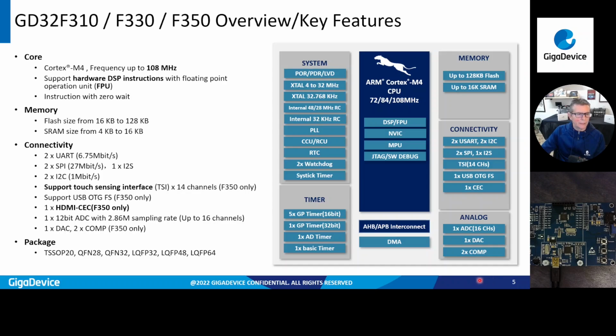It's got a nice set of connectivity in this device family as well. The 350 has some enhanced connectivity, a TSI, touch sensing interface, HDMI port, and also a DAC and a couple of comparators. This family comes in 6 different package offerings.